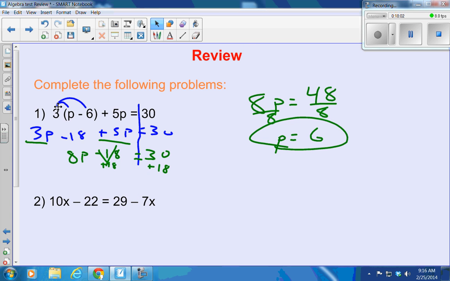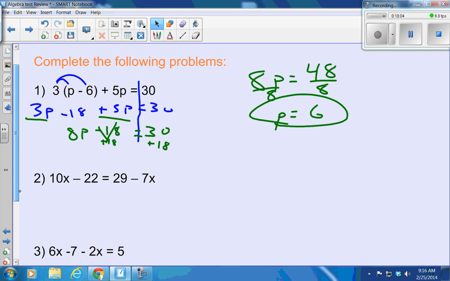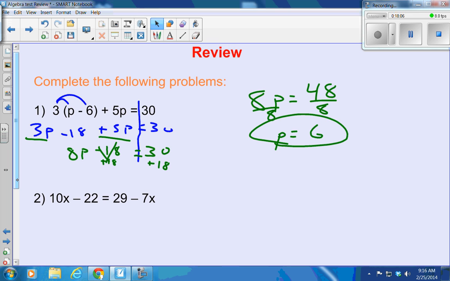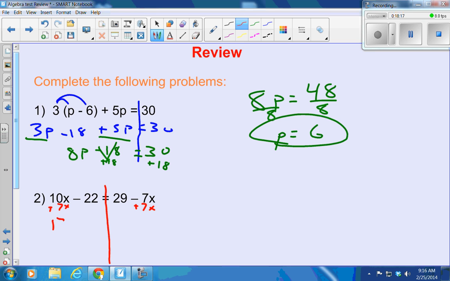Next problem, number 2. Don't worry about number 3 down there. Number 2, multi-step algebra. So move my smaller variable. That's negative 7 plus 7x plus 7x. That is 17x minus 22 equals 29. Two-step algebra. Plus 22 plus 22.